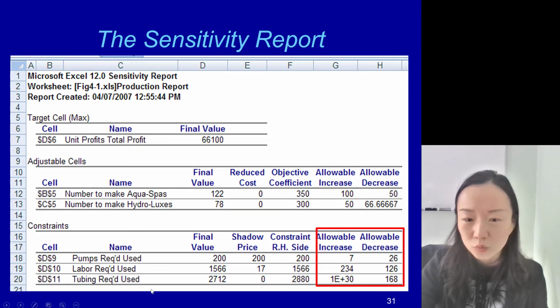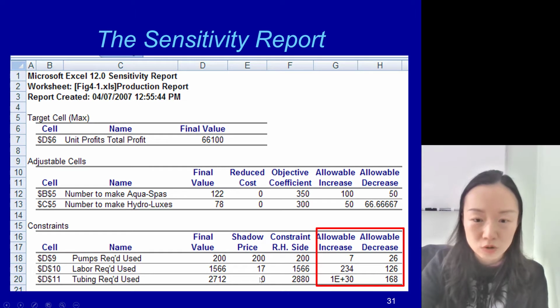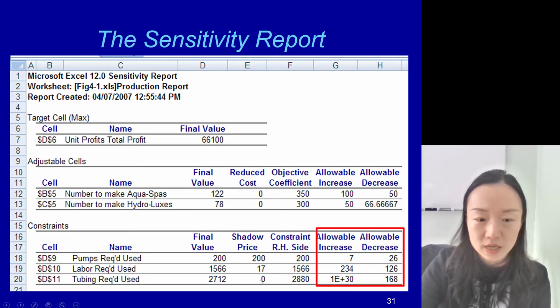So when the right-hand side of this constraint decreases more than this value, this shadow price of 0 will no longer hold. It will have a positive shadow price because it will become a binding constraint. So these ones are the same. The allowable decrease for those first two constraints represents how much you can decrease the right-hand side of the constraints, and their shadow price will hold.